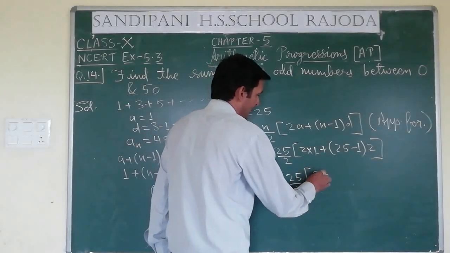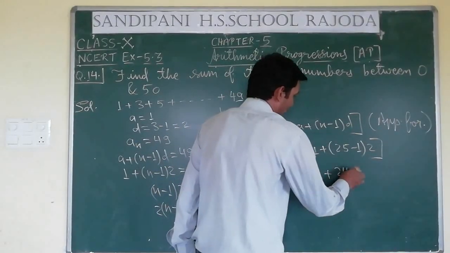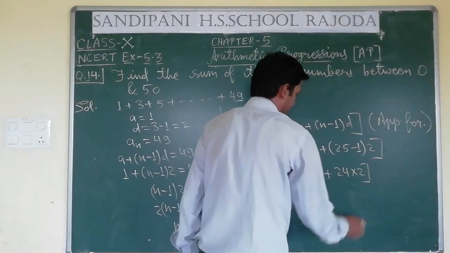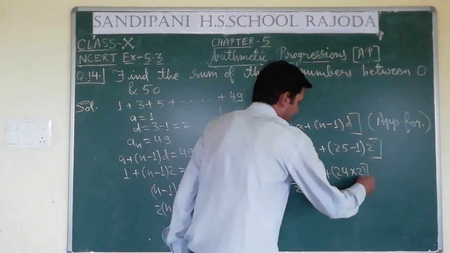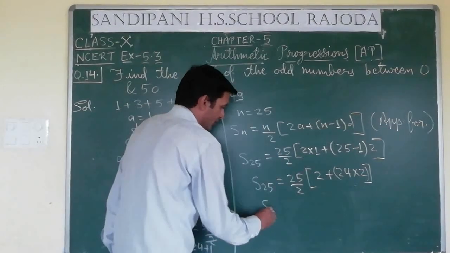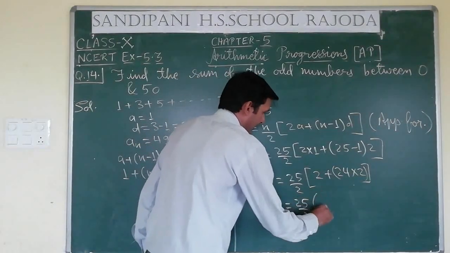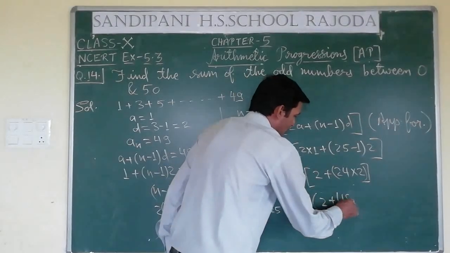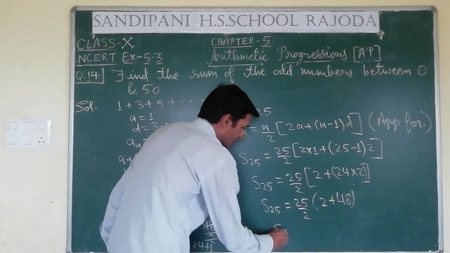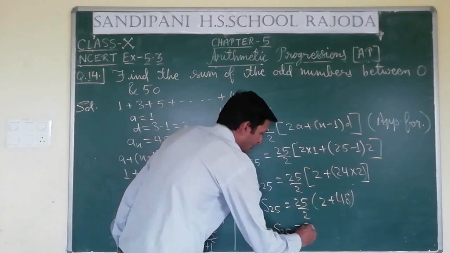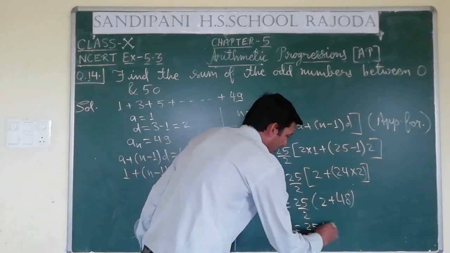Now this will be 2 plus 24 into 2. So 24 2s are 48. So the sum of 25 terms is equal to 25 upon 2 and in bracket 2 plus 48. So 48 plus 2 is 50. So the sum of 25 terms is equal to 25 by 2 into 50.